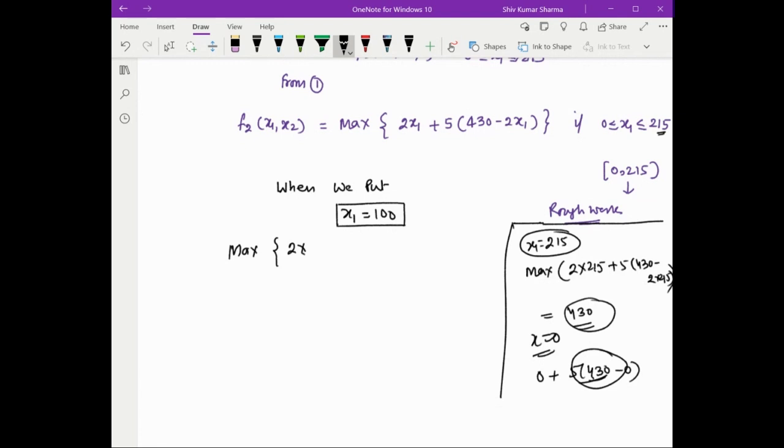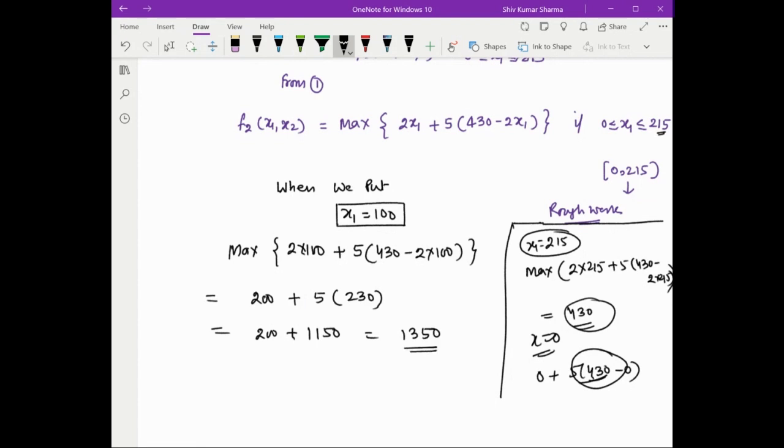That means 2 into 100 plus 5 into (430 minus 2 into 100), which is 200 plus 5 into 230. This gives us 200 plus 1150. So this gives us 1350.